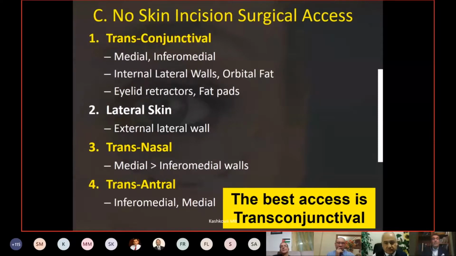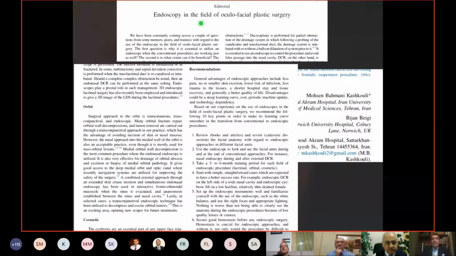That's why we have already published the endoscopy in the field of oculofacial plastic surgery. I urge my fellows, I urge myself to go through different territory of endoscopic approaches. We are already doing all of lacrimal procedures and cosmetic procedures with the endoscope. Why?